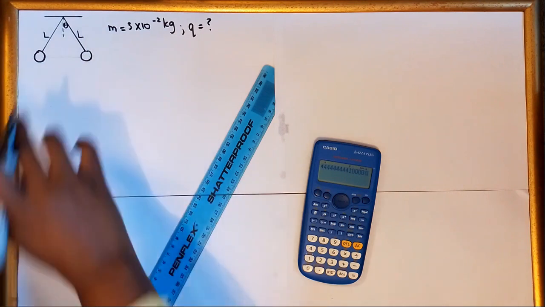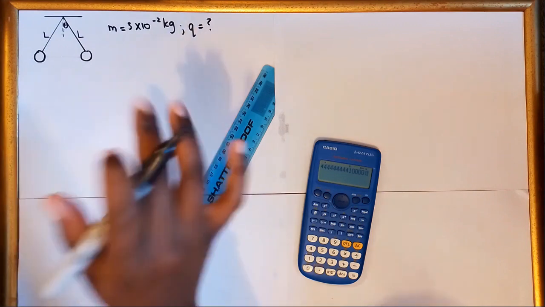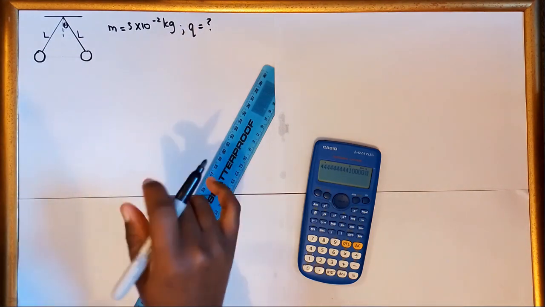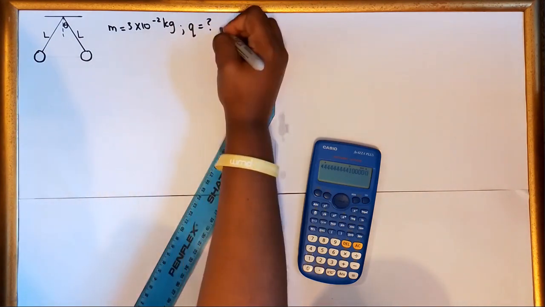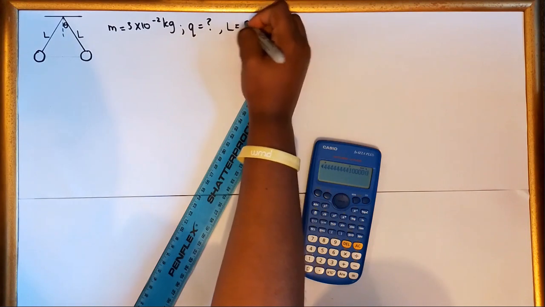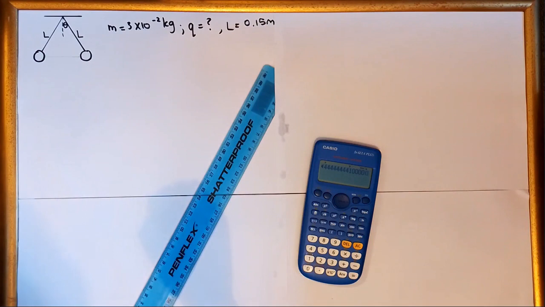Either way, since they are identical, they will repel each other. We are given the length of the string. L is equal to 0,15 meters. What else? Theta is equal to 5 degrees. But most importantly, we are told that they hang in equilibrium.